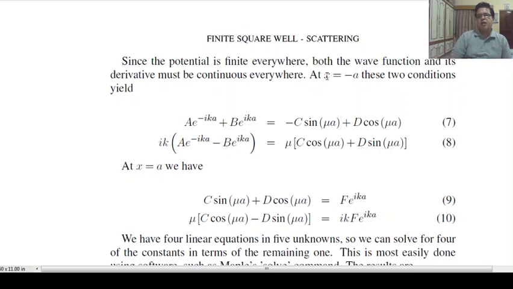At x equal to minus a, these two conditions yield A e raised to minus i k a plus B e raised to i k a equal to minus C sin(mu a) plus D cos(mu a), because the differentiation of sine is cosine.